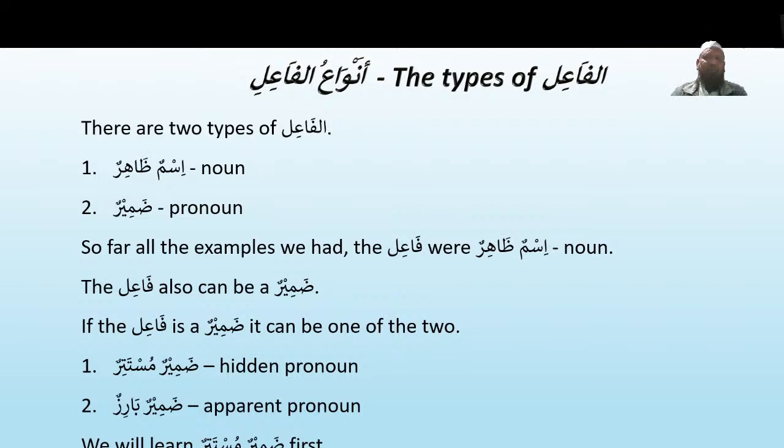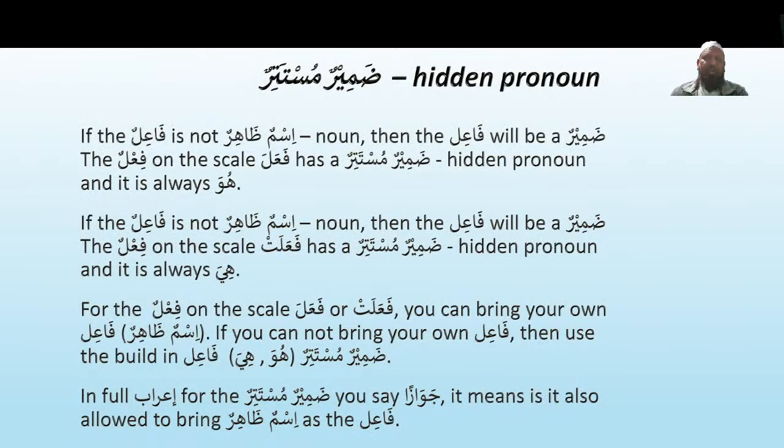So Anwa'ul Fa'il is two. Number one is ism zahir. Number two, damir. Damir is two types. Damirun mustatirun and damirun barizun. Let's talk about damirun mustatirun. Okay, hidden pronoun. If the fa'il is not ism zahir, if the fa'il is not a noun, then the fa'il will be damir. Simple as that.